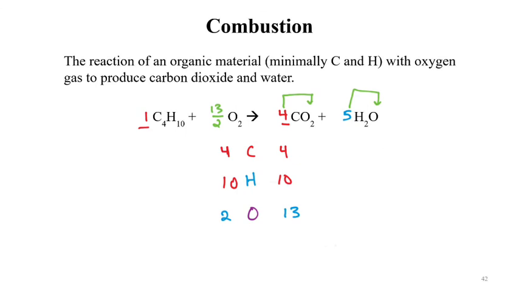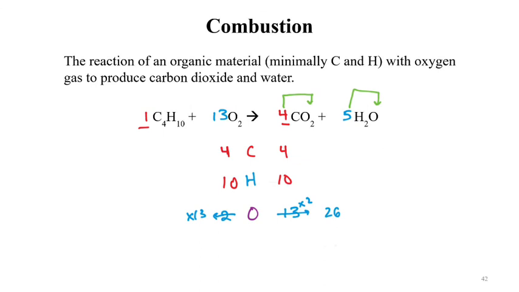What's the lowest common multiple between 2 and 13? How do you make 2 into 26? Times by 13. How do you make 13 into 26? Times by 2. Okay? But there's where the issue is.